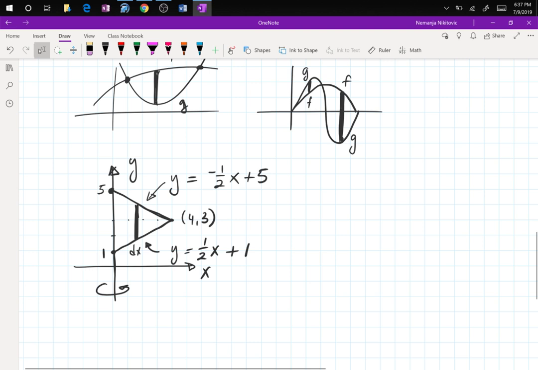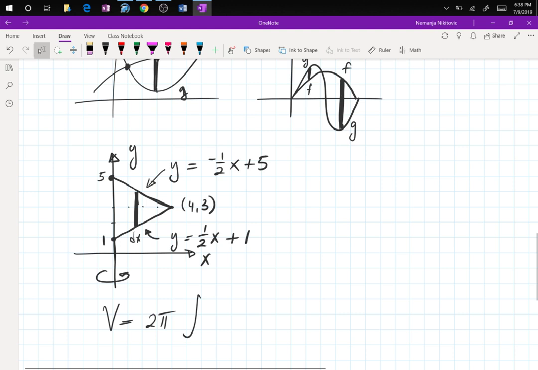So now we use shell to deal with this. So volume is going to be given as a 2 pi integral. We're using dx, because rotation on y implies dx for shell.